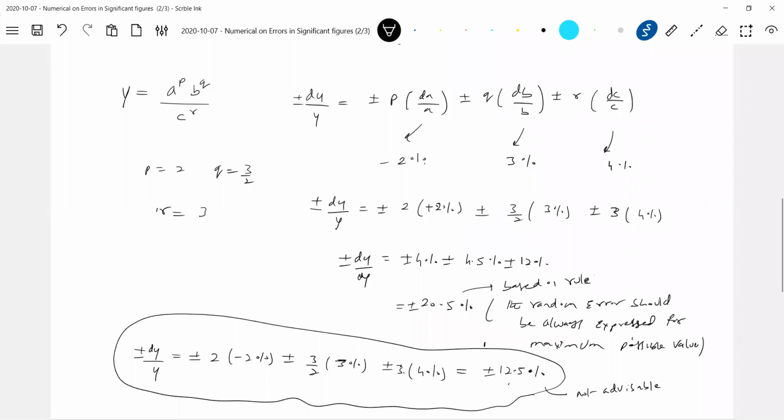Okay, I'm using the word rule. At least you're able to analyze. See, in books, what happened? One sentence is there in SURMA: the random error should always be expressed in terms of the maximum possible value. I think that sentence is enough. Why should we think like that? Because there's a convention.